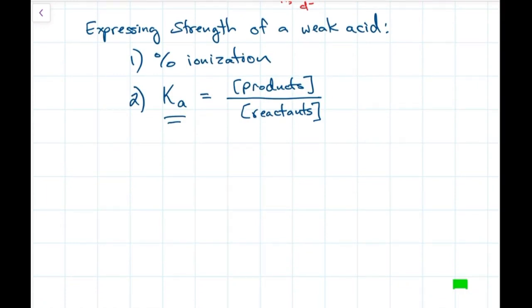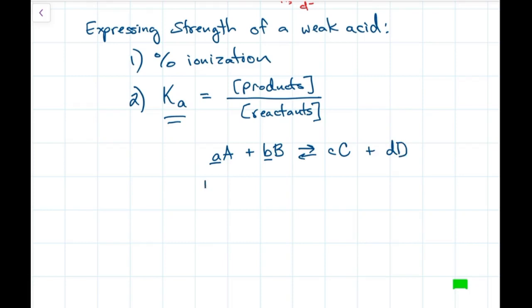So the general setup for any Ka expression is, if I have a sample equation, let's just say we have aA plus bB, and the lowercase letters are just coefficients, is an equilibrium reaction, and it produces cC plus dD.